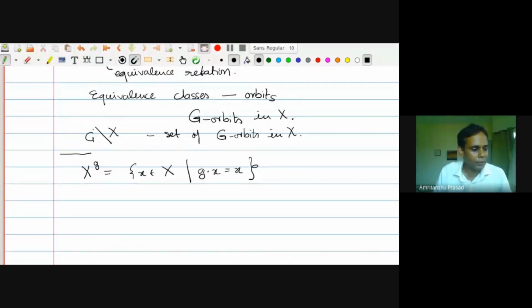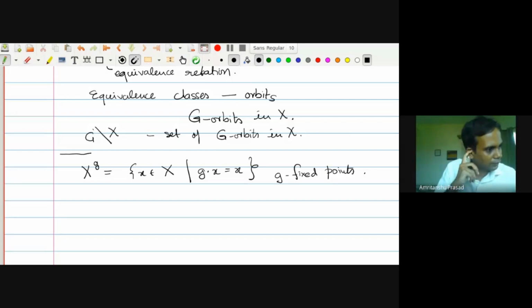Okay. So we have these two notions, orbits and fixed points, or G fixed points. And now we come to the second very interesting result which relates these two. This is popularly called Burnside's lemma, or sometimes the Cauchy-Frobenius lemma.